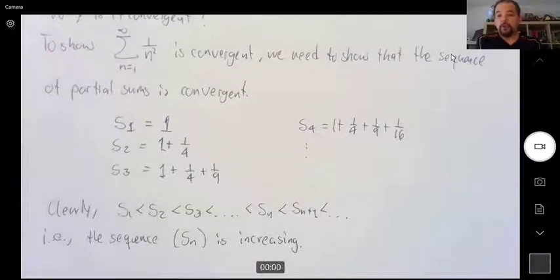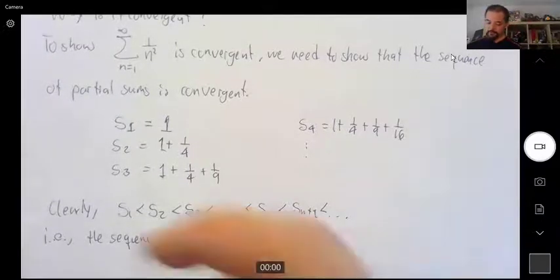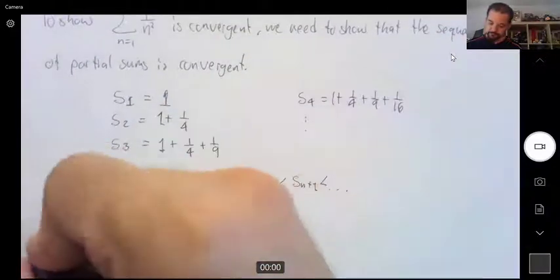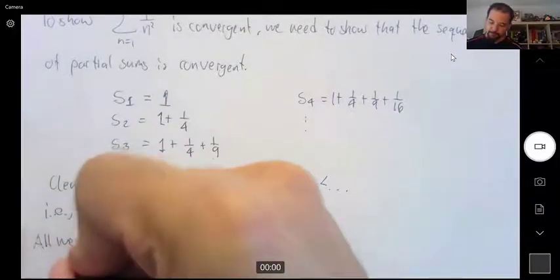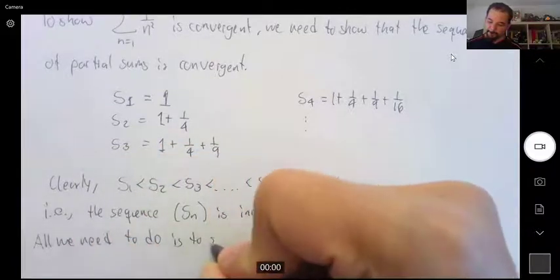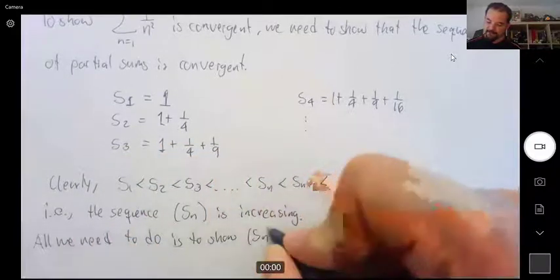And so to show that it is convergent, all you need to do is prove that it is bounded. If you prove it's bounded, then by the monotone convergence theorem, the sequence of partial sums will be convergent. So all we need to do is to show Sn is bounded.